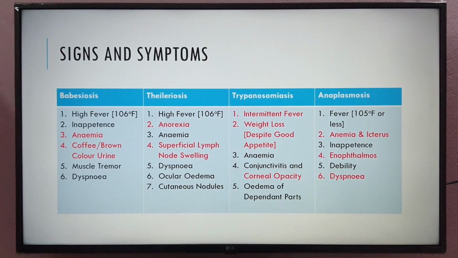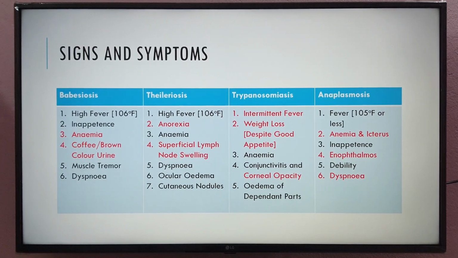Now the urine: coffee or brown color urine is a characteristic feature of Babesiosis, but remember coffee or brown color urine is also present in post parturient hemoglobinuria. In that case you won't find the fever. In that way you can differentially diagnose between Babesiosis and post parturient hemoglobinuria.